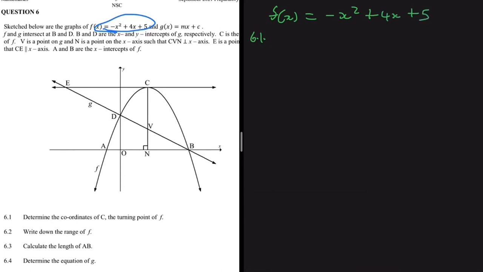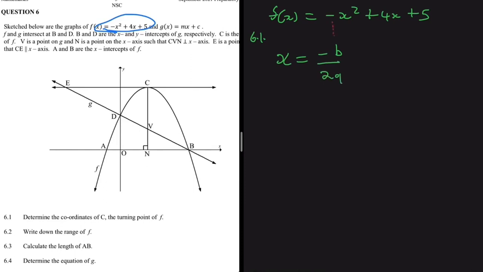And we want to determine the coordinates of the turning point, right? To determine the coordinates of the turning point, you first find the x value of the turning point. And after you've determined the x value, you can then determine the y value of the turning point, right? So the formula you use for the x value of the turning point, you say that x is equals to minus b divided by 2a, when your equation is in standard form, right?